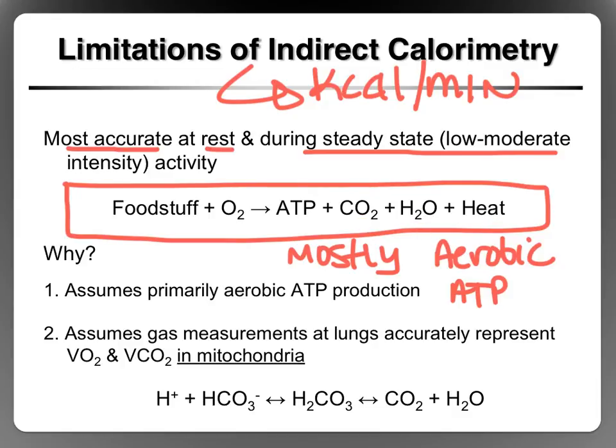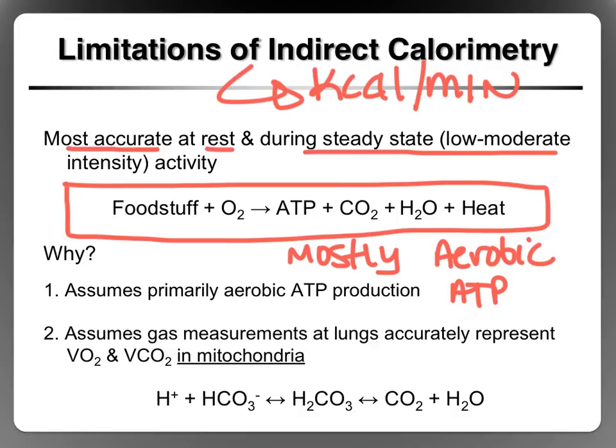Okay? And remember, the whole purpose of this is to figure out how much work you are doing, how much heat you are producing, how much ATP you are using. We can't actually measure ATP, but we can measure heat production. But that's big and bulky and not very feasible. But because all of the things in this equation here are happening together, okay?